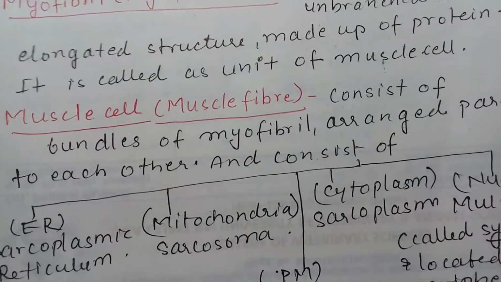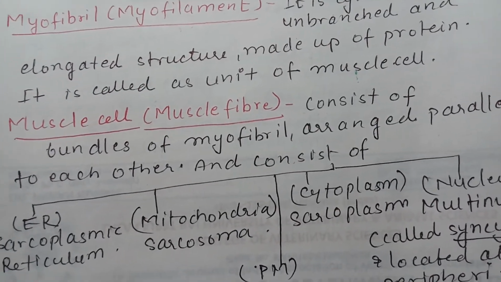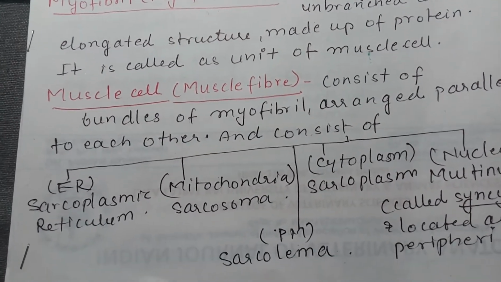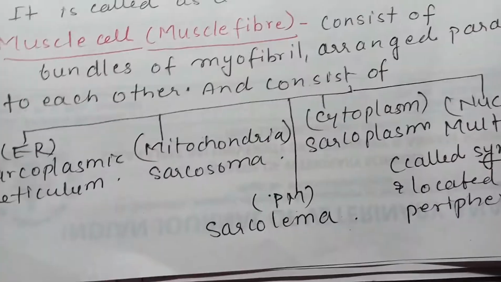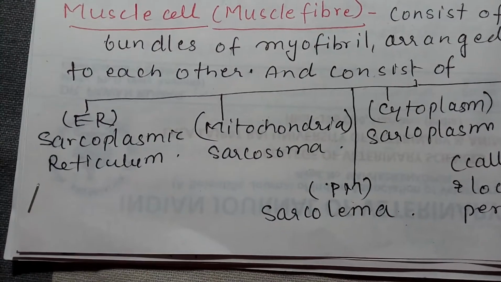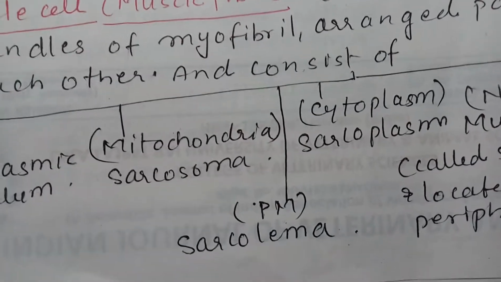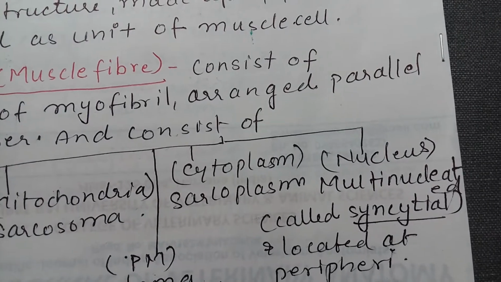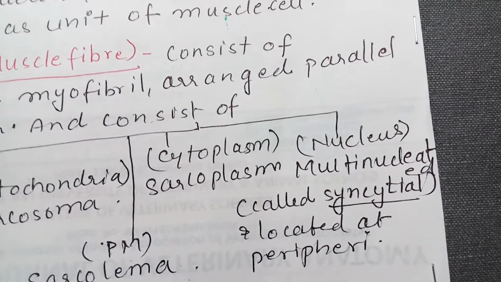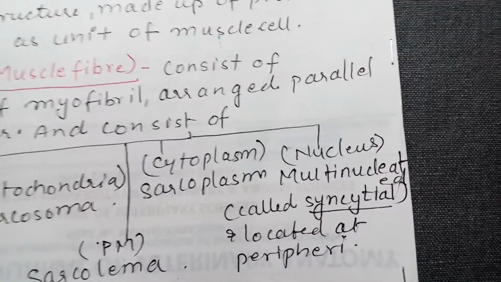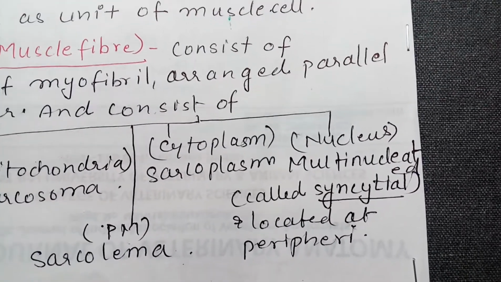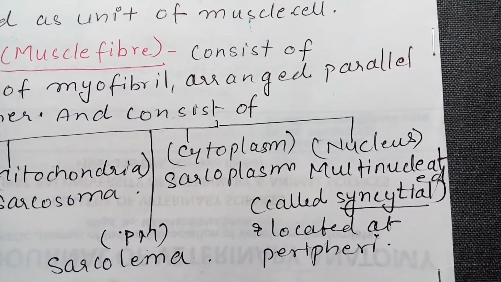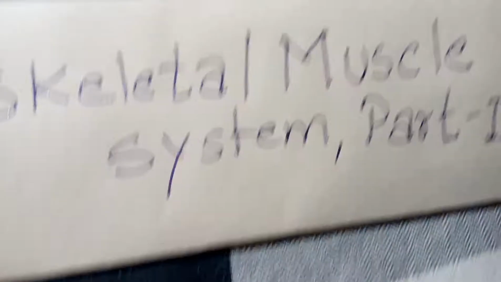Muscle fiber or muscle cell consists of bundles of myofibrils arranged parallel to each other, and it contains all cell organelles: endoplasmic reticulum, which is called sarcoplasmic reticulum; sarcosome, which is mitochondria; sarcolemma, which is plasma membrane; sarcoplasm, which is cytoplasm; and nucleus. Actually there are multiple nuclei present, and this condition of muscle is called syncytial, and these nuclei are located at the periphery.